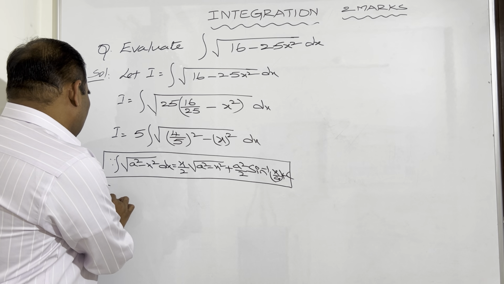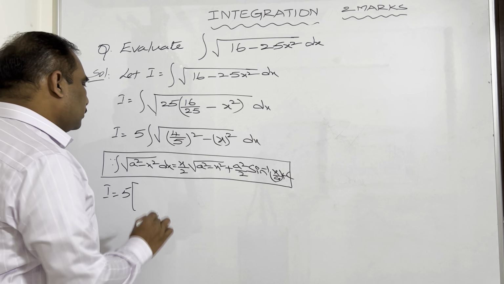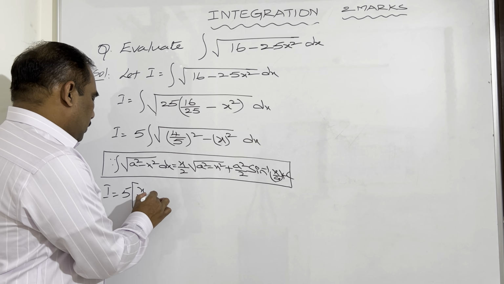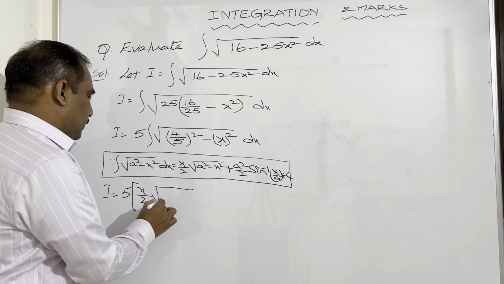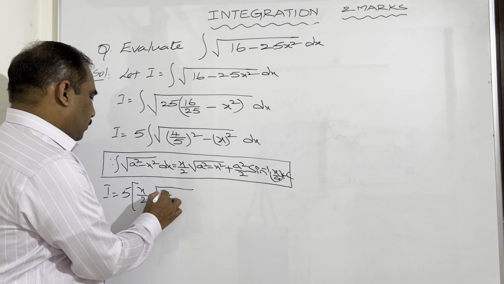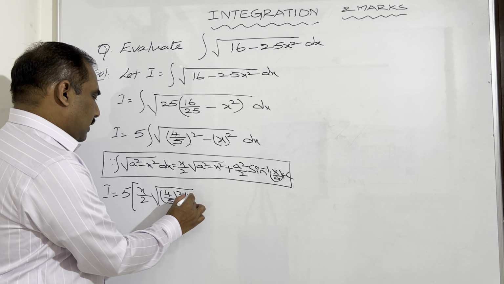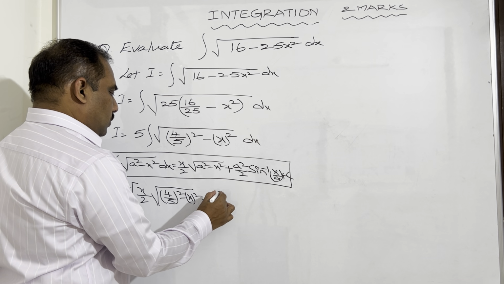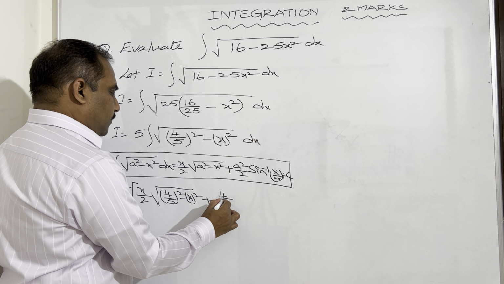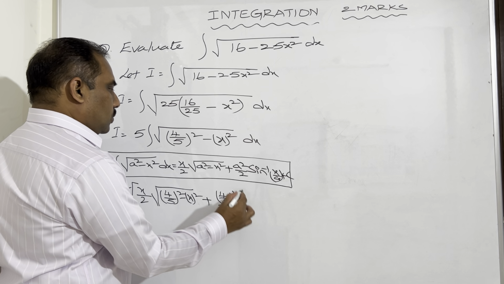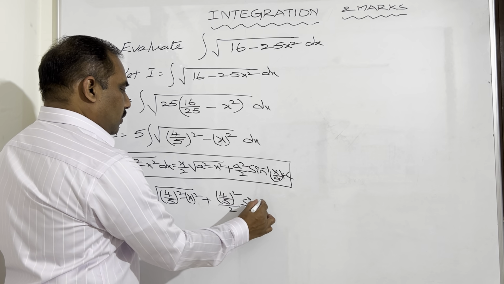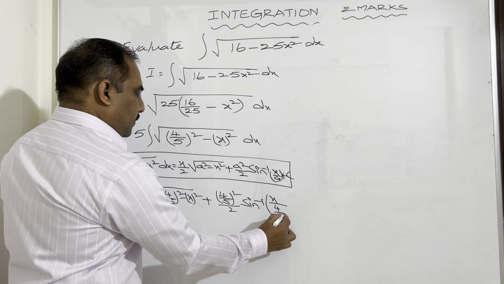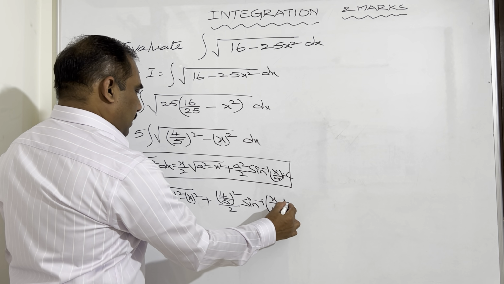So I is equal to 5 into, x by 2 into root over (4 by 5 whole square minus x whole square), plus a square by 2 into sine inverse of x by a, where a is 4 by 5, plus c.